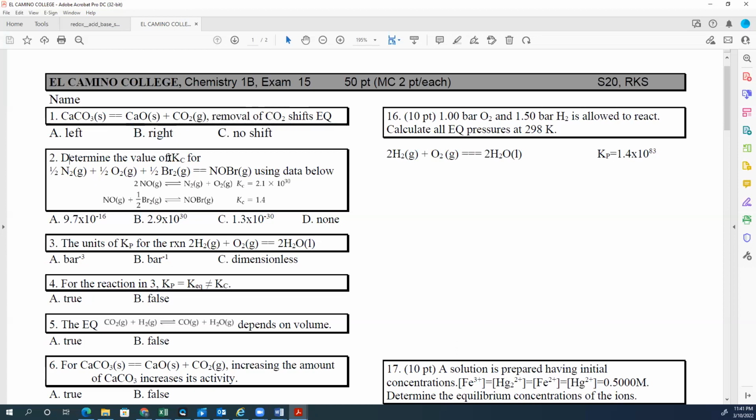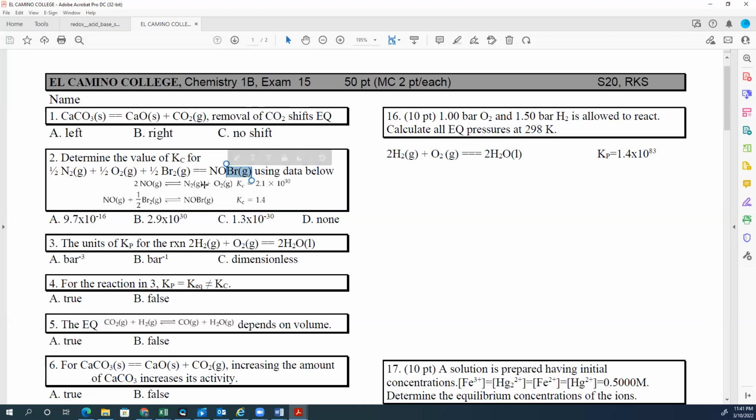Determine the value of Kc for this reaction: 1/2 N2 plus 1/2 O2 plus 1/2 Br2 yields NOBr gas, using the data below. So this is like Hess's law. The way I like to do Hess's law is I like to get 1/2 N2 over here. So I take this one and reverse it, which flips the constant.